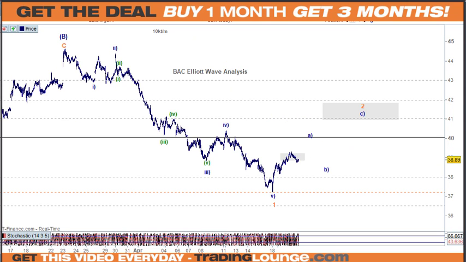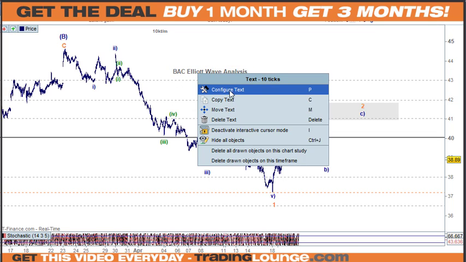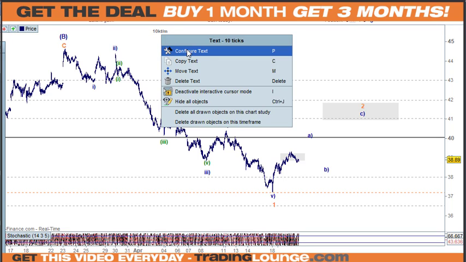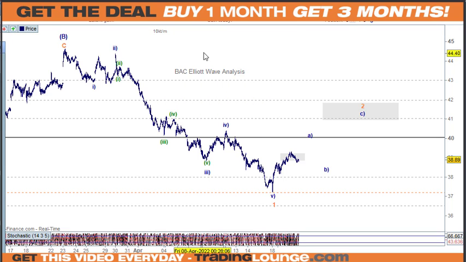So with the banks, BAC here, for example, from this B wave up here, we're looking down at 1 and 2 here, and then 3, 4, and 5. So very clear that we got 5 waves down here. So we're looking for an A and a B and a C as we were last time.